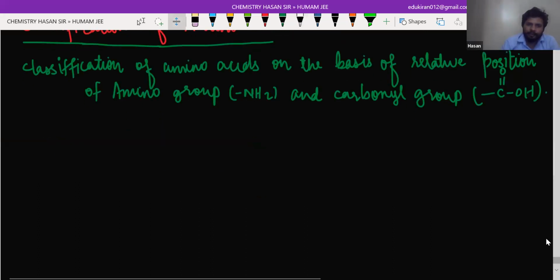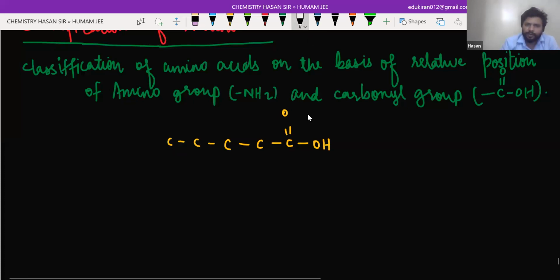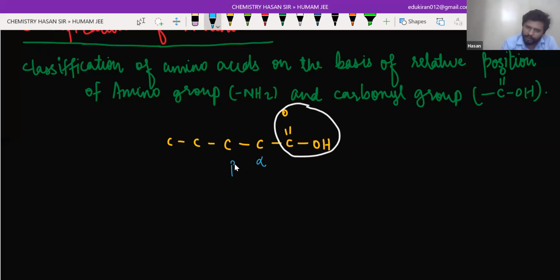Now see, if you have this scenario, C double bond OH, it is the senior most functional group. This is carbon, another carbon, another carbon, another carbon. With respect to this carboxylic acid, this position is your alpha, this is your beta, this is your gamma, this is your delta.